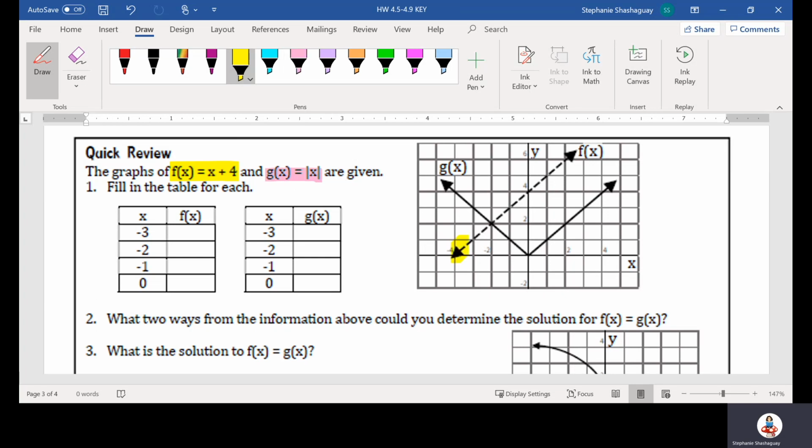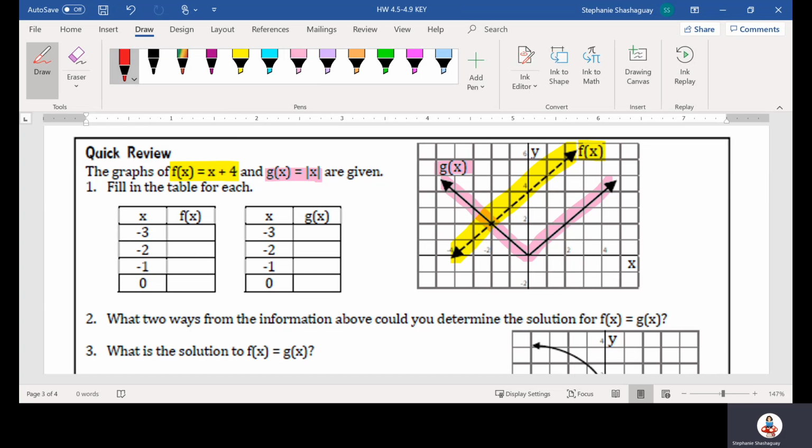While looking at this graph, I know that this is my f of x function because they've labeled it. And this is my g of x function because they've also labeled it. Fill in the table for each.